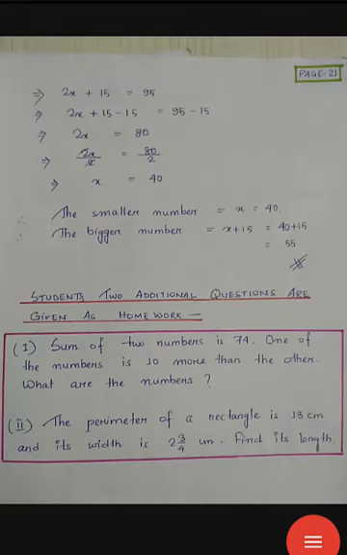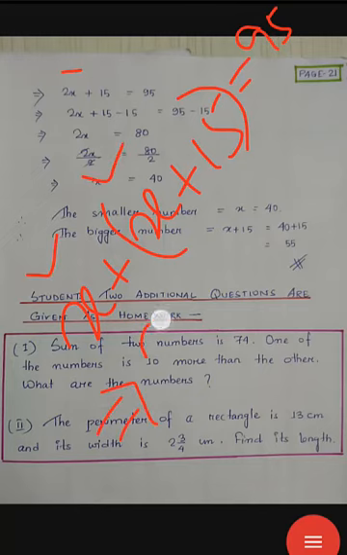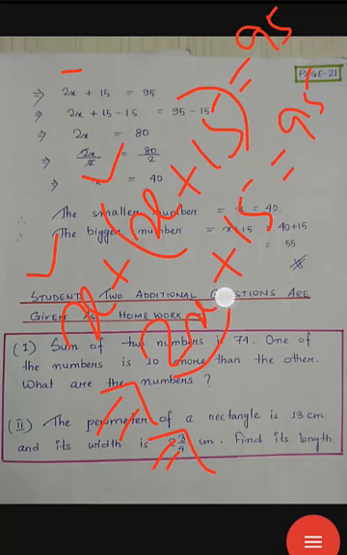In the next step, when we remove brackets, we shall be getting x plus x plus 15 on the left hand side. This is equal to 95 on the right hand side. When we simplify x plus x, we shall get twice x plus 15 is equal to 95. Now we have to make the term twice x independent of this 15. As the plus sign is there, to remove this number we have to subtract 15 from both sides.